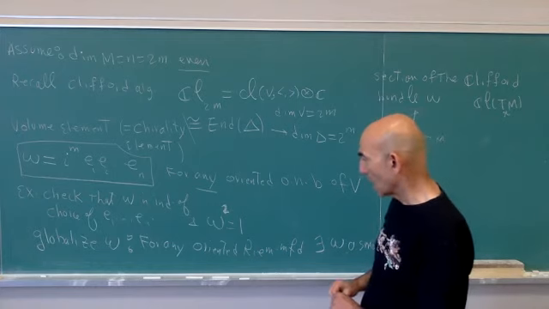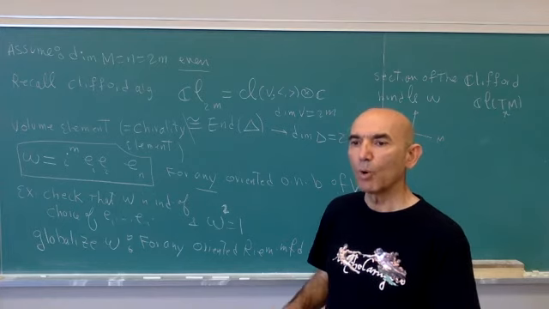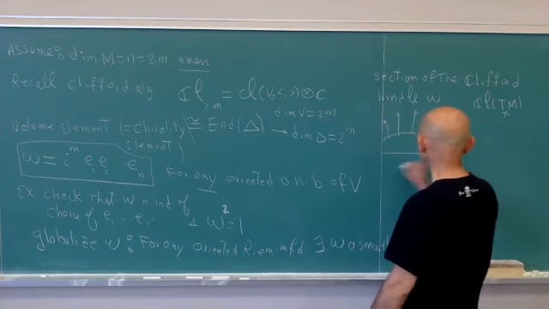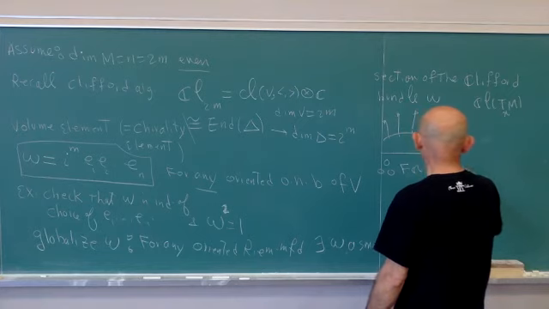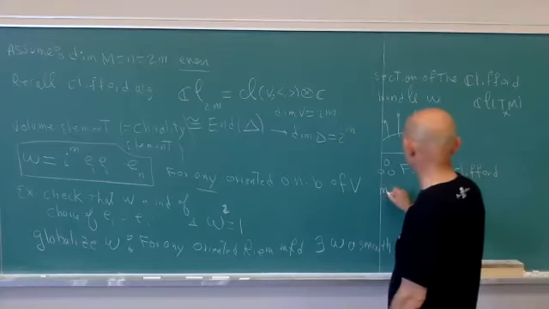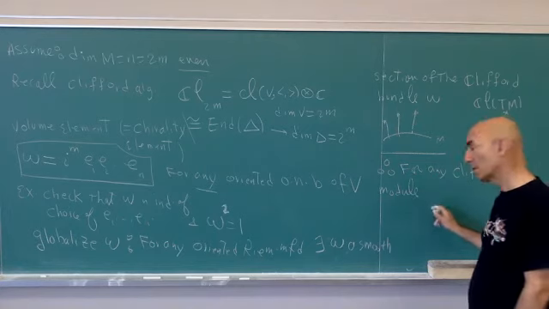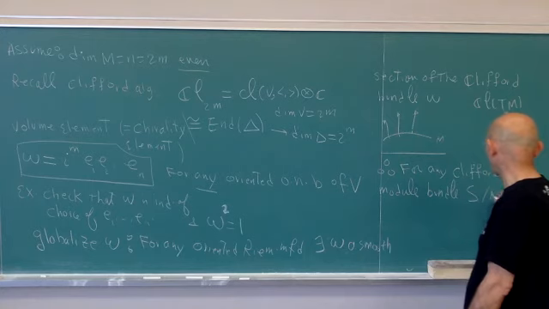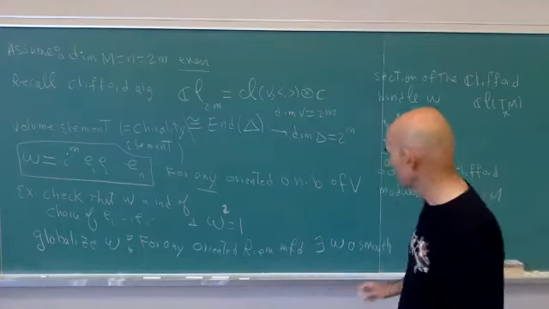Okay, now, if I have a module over this, I can decompose the module using this element. Okay, right? So for any Clifford module, I should more precisely say Clifford module bundle, S over M, we can decompose it now into two pieces.